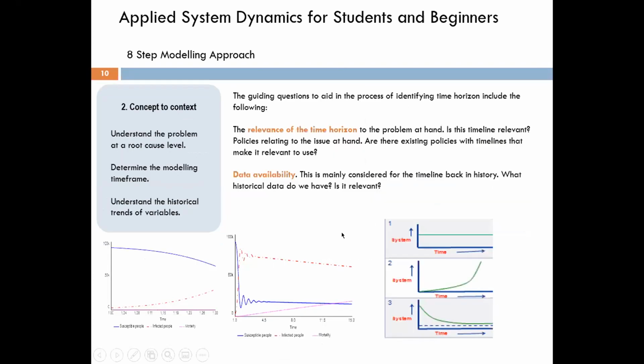The next step is concept to context. Now, when it comes to this, there are some important things that you need to understand. One of which is that there are different time elements. So you need to understand what the simulation time frame will be. If you look at the graph on the bottom left, you'll find that the time units end at 1.3.